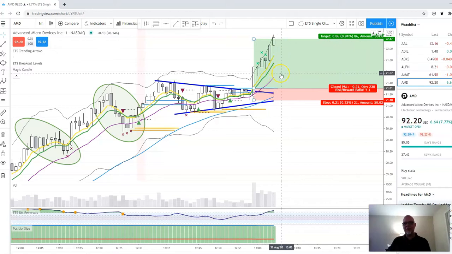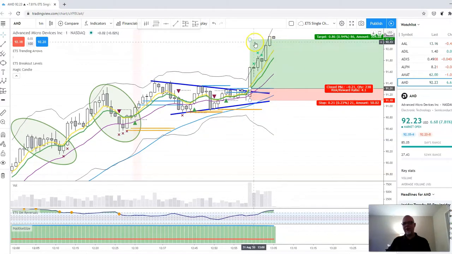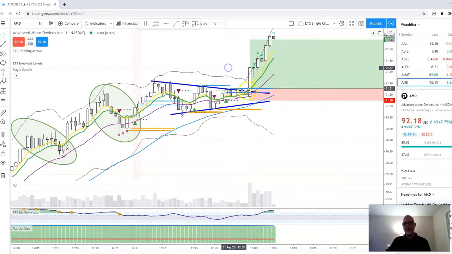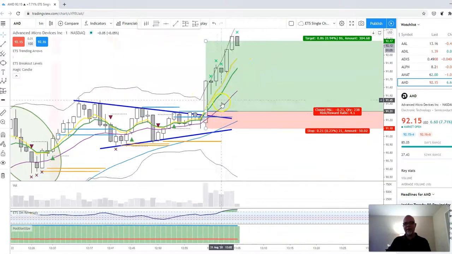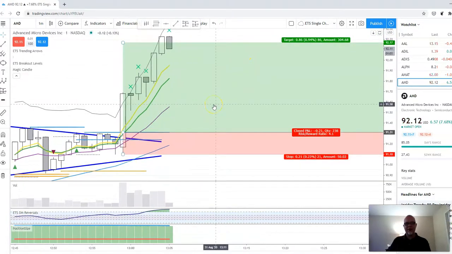That is a monster move right there. This would have been like a one and done trade if you had gotten into it in time, or even if you took it early, and if you got in, there we go, that's a little bit better.